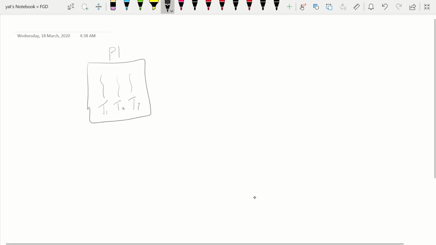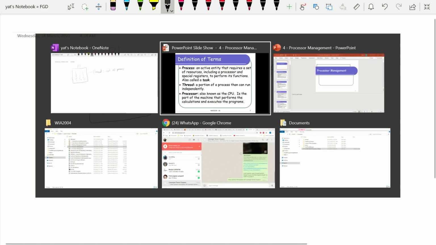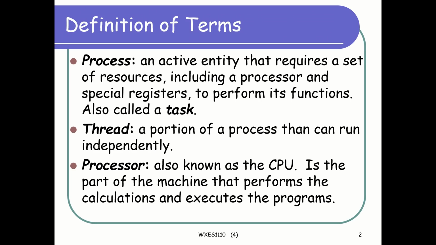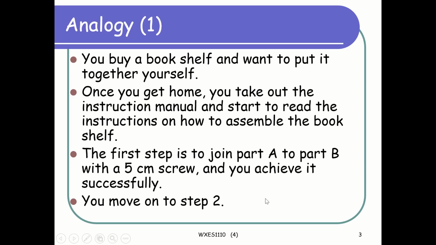So a process is one big process and a thread is the unit of a process. The processor, also known as a CPU, performs the calculations and executes the programs.